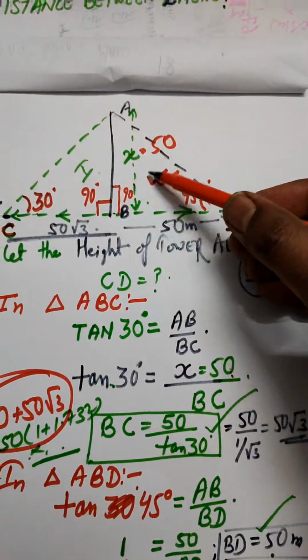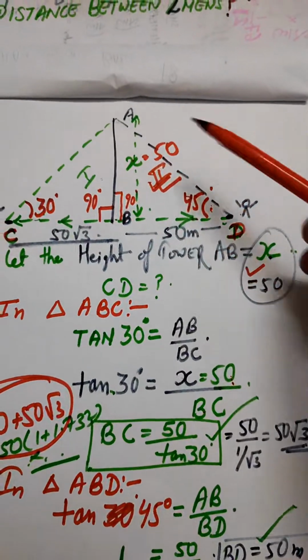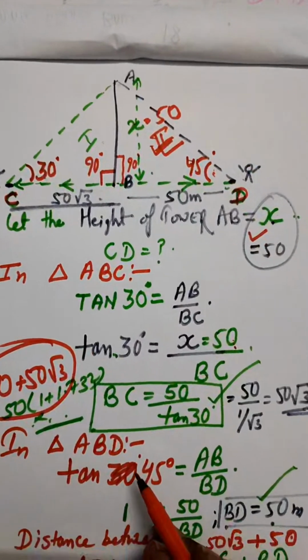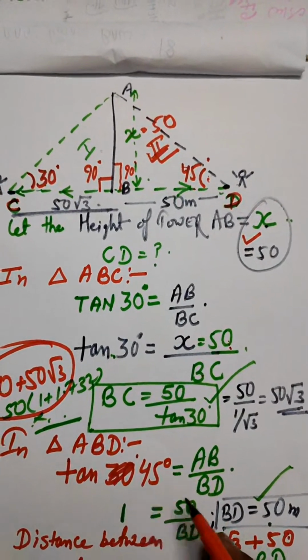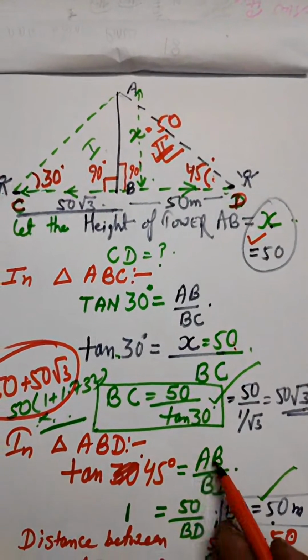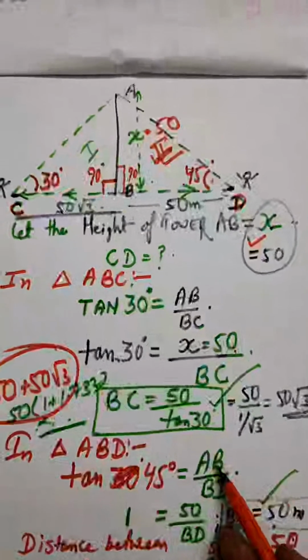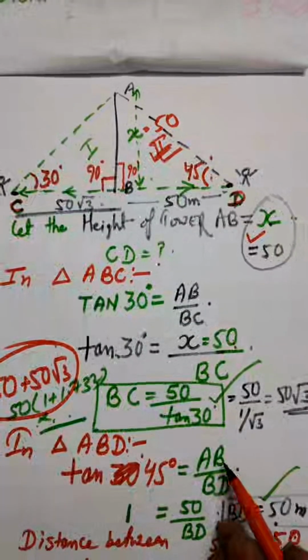Similarly, take another triangle. This is triangle number 2. Here in triangle ABD, tan 45 degree is equal to AB by BD, right? So AB is the same tower of length x equal to 50.